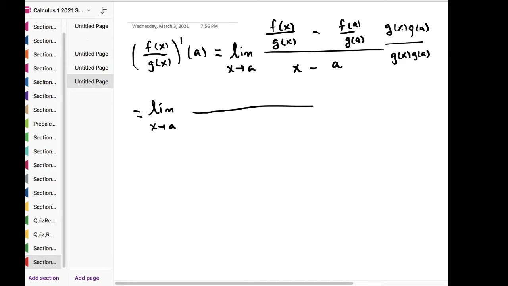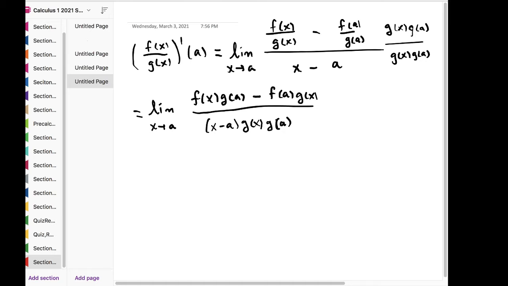So you get f of x, g of a, because the g of x cancel, then minus f of a, g of x, because the g of a cancel. In the denominator, you have x minus a, and then g of x, g of a. Okay.